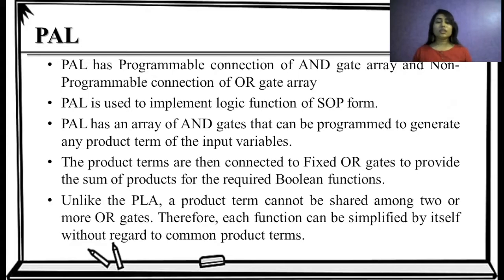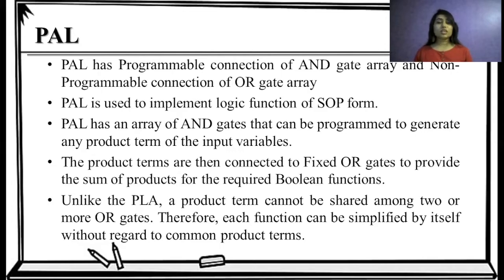Unlike the PLA, a product term cannot be shared among two or more OR gates. That means for each and every OR gate we have to use a different product term. In PLA we can share the same terms.